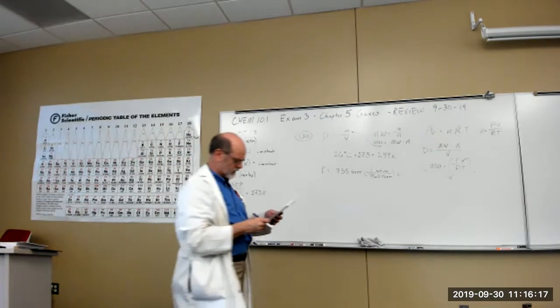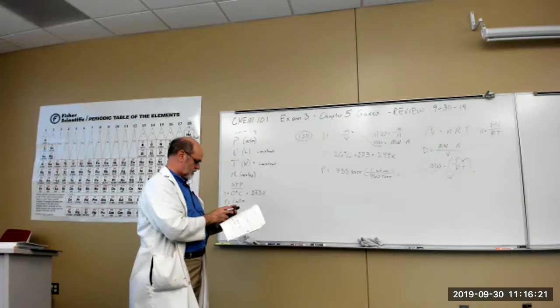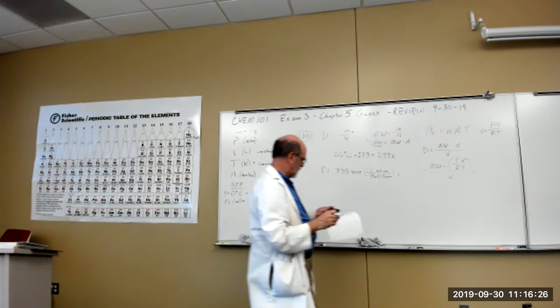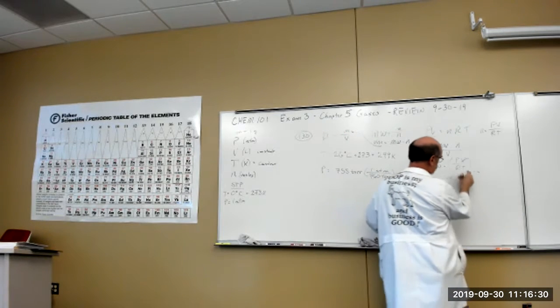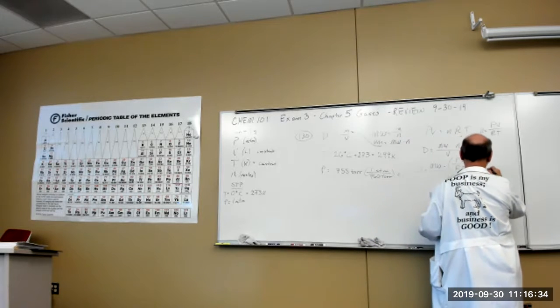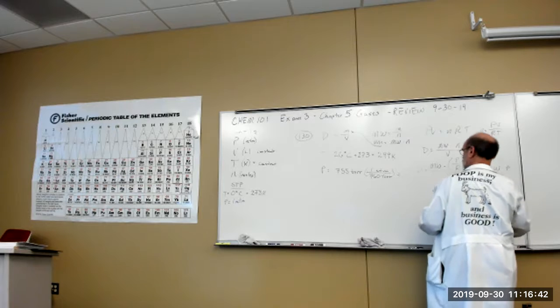Let me see if I got that already. No, I don't. 0.993. So pressure is 0.993, and this is the denominator of the numerator, which is the denominator. So we got molecular weight times pressure over RT.